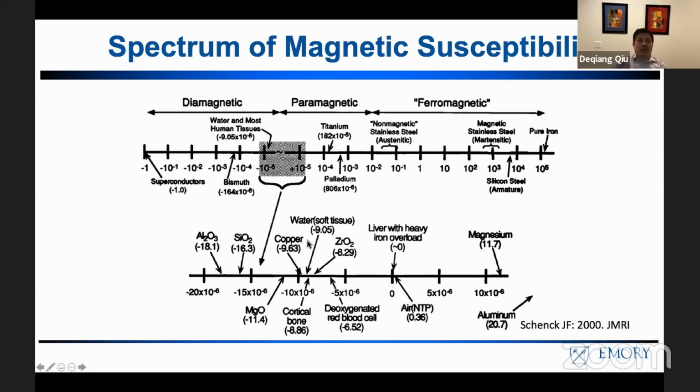And water, because it's diamagnetic, has negative magnetic susceptibility on the order of -9 ppm. Deoxygenated hemoglobin is around -5 ppm, and if you have a lot of iron in the liver, it's going to have close to 0 ppm. But when we talk about quantitative susceptibility mapping, we always use water as the reference point. So anything that has higher magnetic susceptibility, we call positive in our QSM applications.